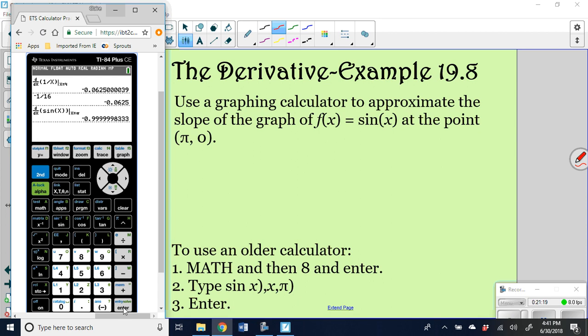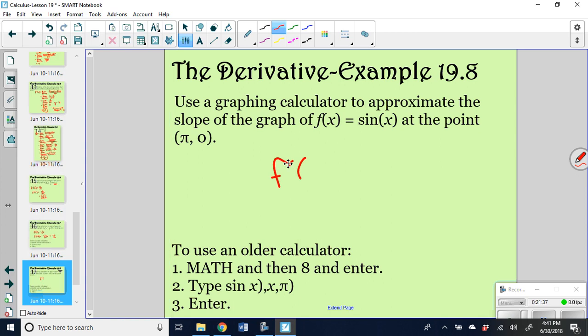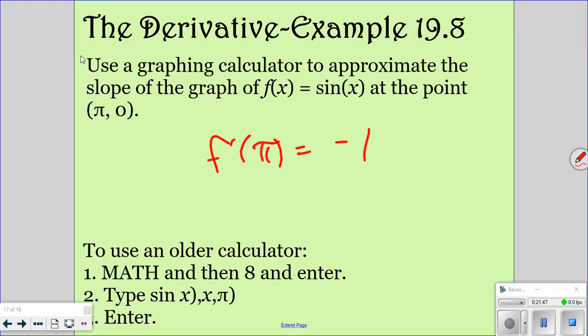And so what is that really close to? It is basically -1. We don't know how to find the derivative of sine just yet, but if you did it algebraically instead of using the calculator, you would get the derivative at pi equaled -1. So you would want to put -1 for your answer here. Don't put negative 0.9999. And even if you did, if you rounded it, it would actually be -1.